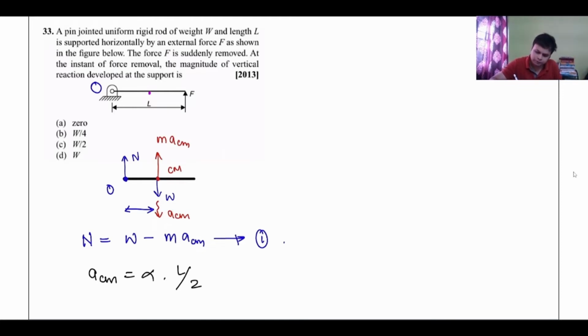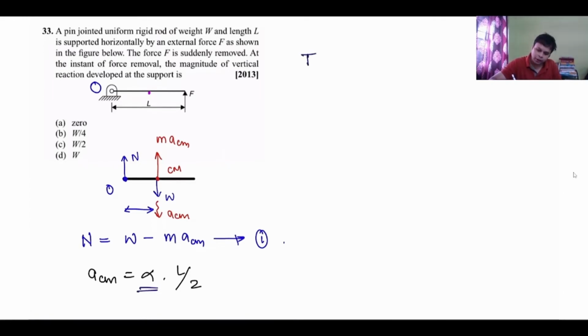So now if I can find out alpha, that is the angular acceleration of the rod, I'll be able to find out ACM, and ultimately I'll be able to find out normal. So how to find out alpha? Again, can I use this equation, torque is equal to I alpha?